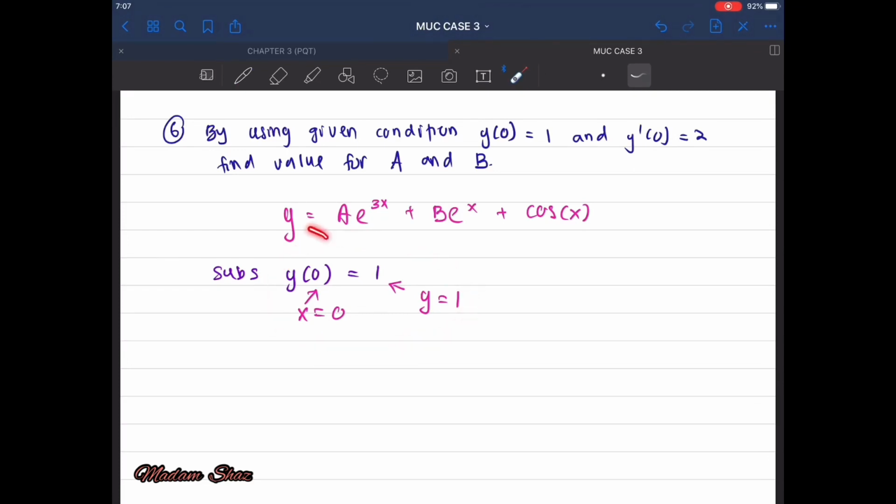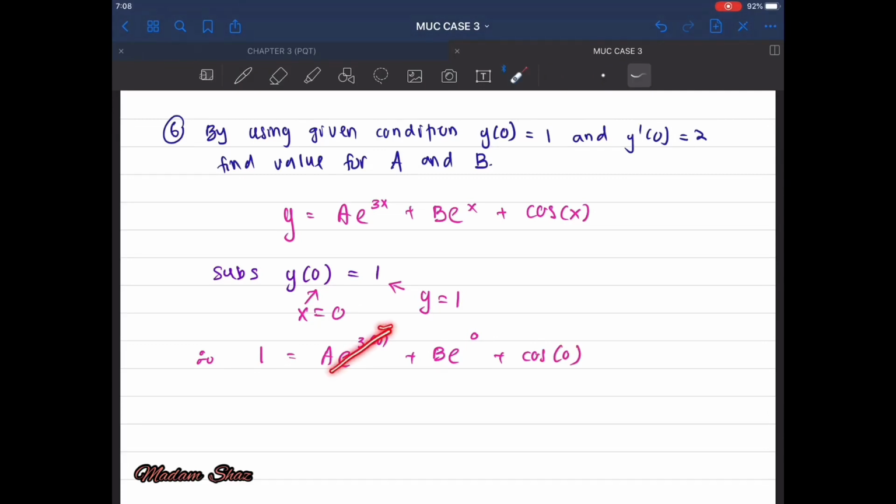We can directly substitute the condition into this general solution. So this y will become 1 and any position of x here will become 0. So therefore 1 is equal to A exponent 3 multiply 0 plus B exponent 0 plus cos 0.